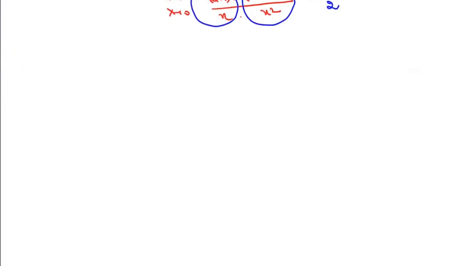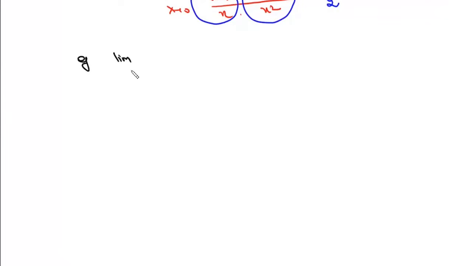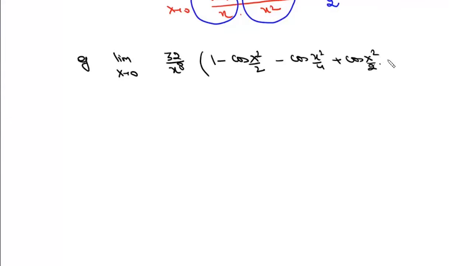Now let us take another example, which is this limit x tends to 0, 32 upon x to the power 8 into 1 minus cos x square upon 2 minus cos x square upon 4 plus cos x square upon 2 into cos x square upon 4.